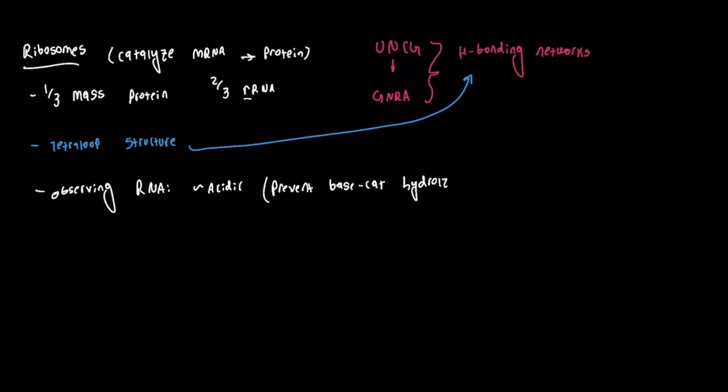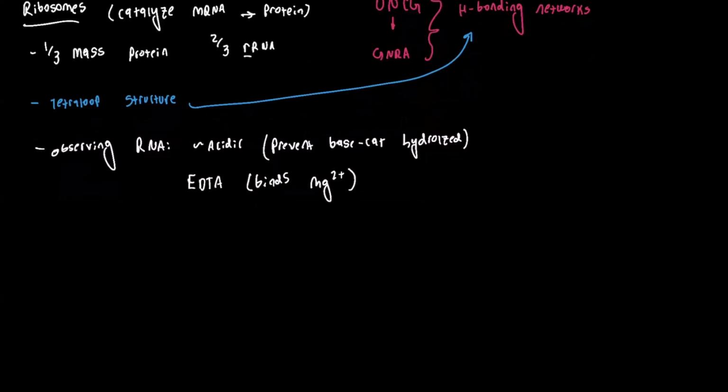Because remember that RNA is very susceptible to it with that hydroxide group on it. And then also you want to react with EDTA. Now this is a compound that binds magnesium ion, which is a catalyst for RNA hydrolysis, as well as some other ions that we haven't gotten a chance to see yet.